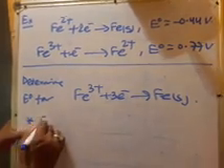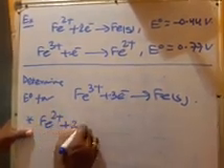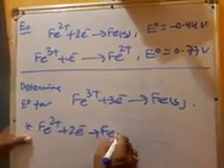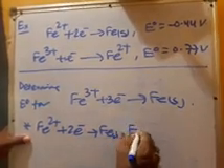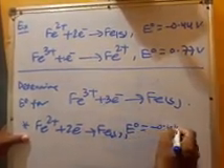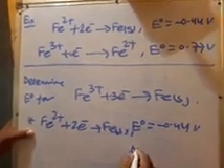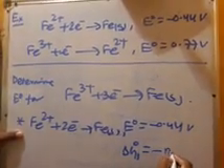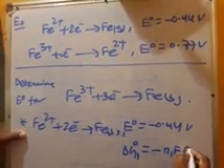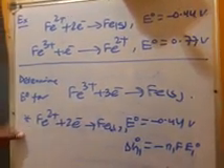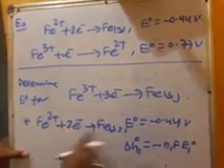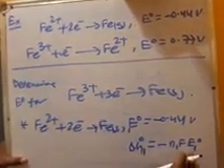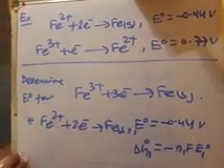Fe2+ + 2e− gives Fe solid, E° is equal to −0.44 volt. So ΔG1° = −n1FE1°, where n1 is equal to 2 electrons, F is 96500 coulomb, and E1° is equal to −0.44 volt.